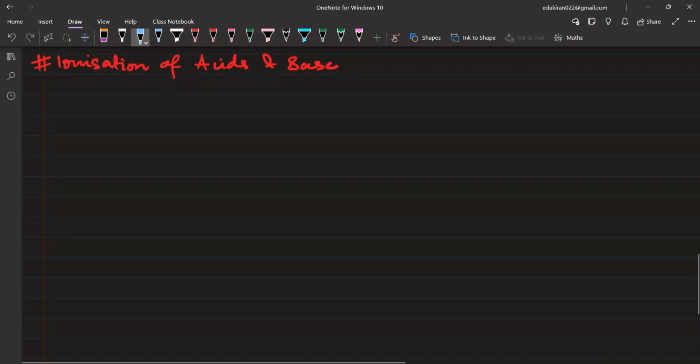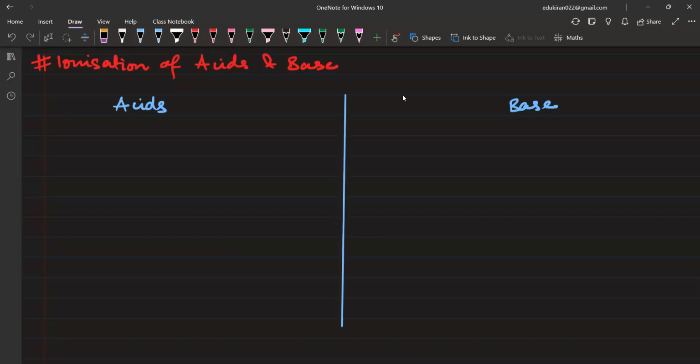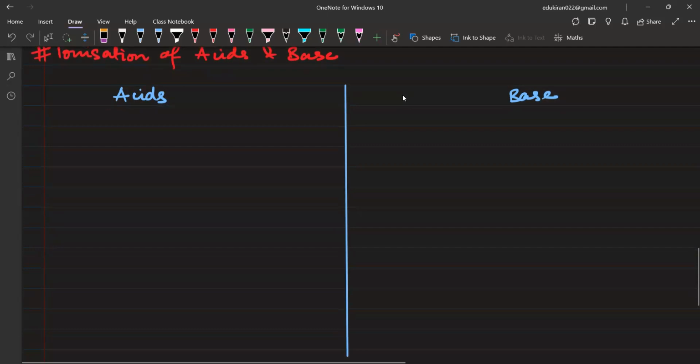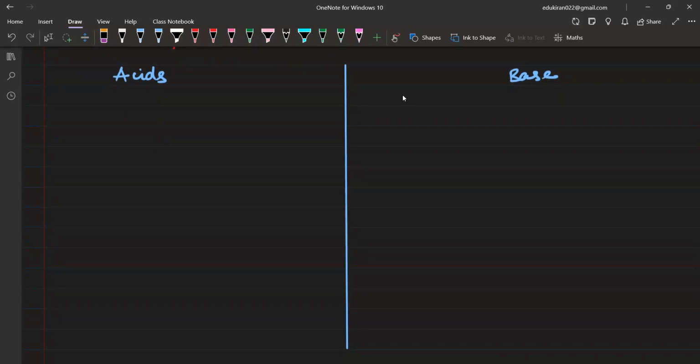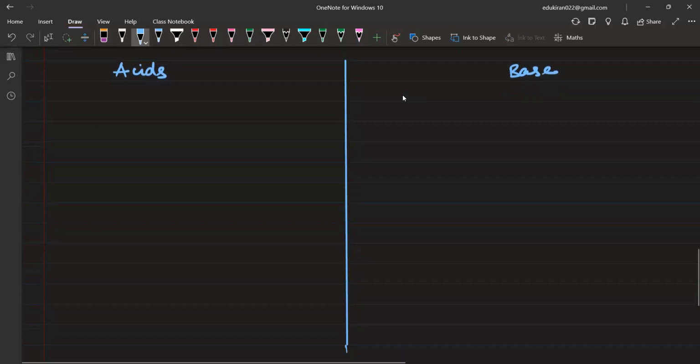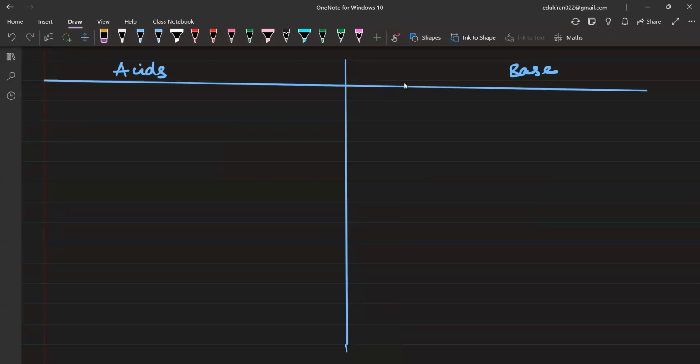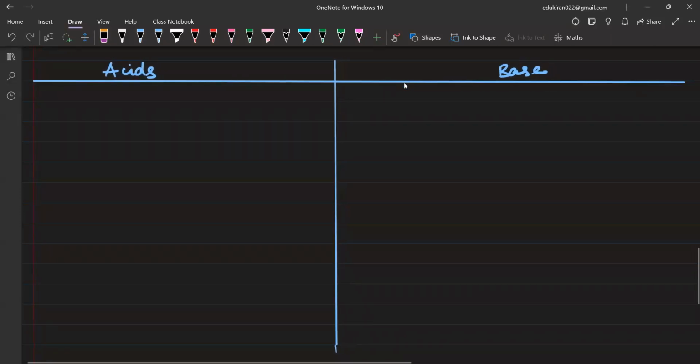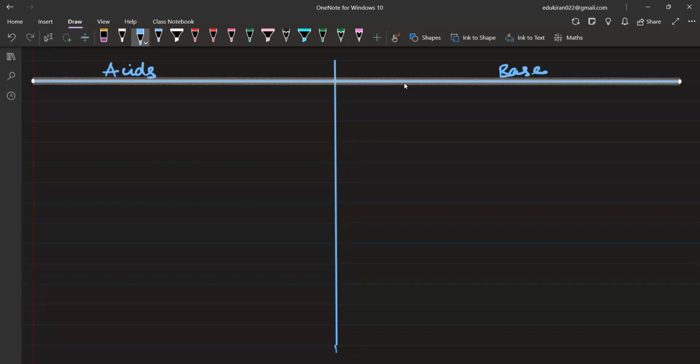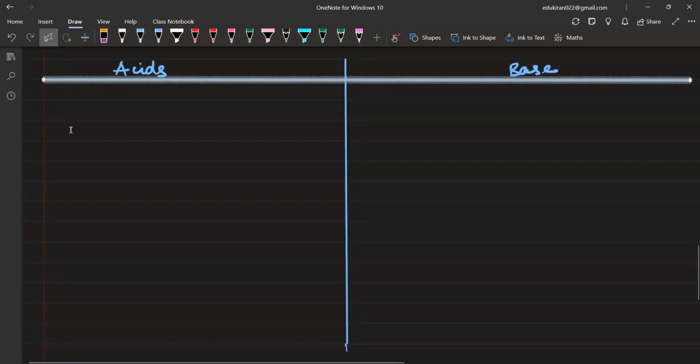So here we will be discussing for acids, and parallelly we will be talking about base also. ठीक है.